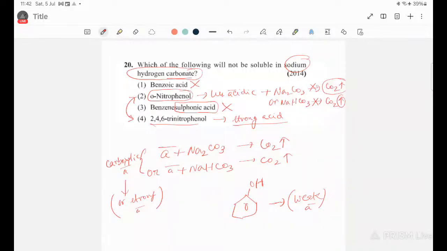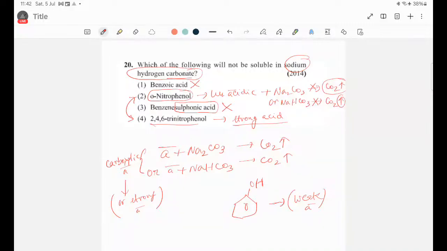If you are comparing option 2 and 4, both are phenols, which are comparatively less acidic, so either option 2 or option 4 will be correct. Now look at the minus I affecting NO2 group. As the number of minus I affecting groups increases, acidity increases. So 2,4,6 trinitrophenol, option 4, is a stronger acid than option 2.